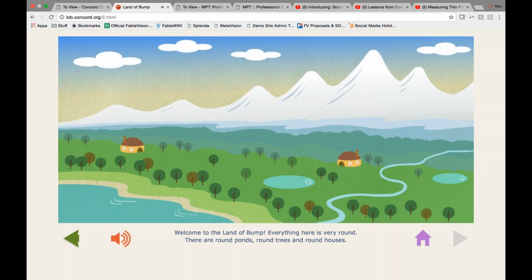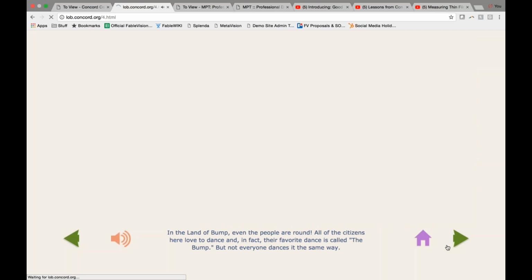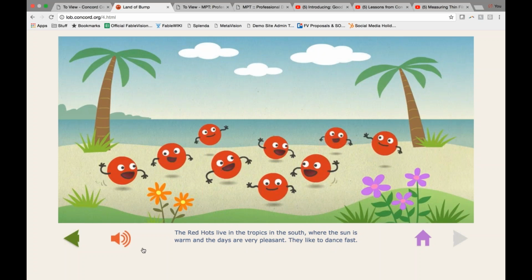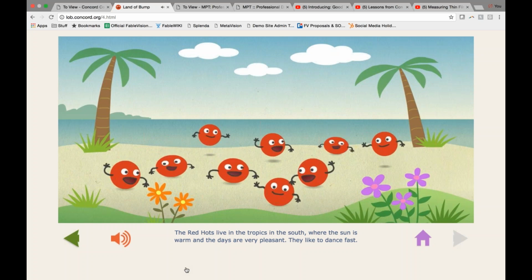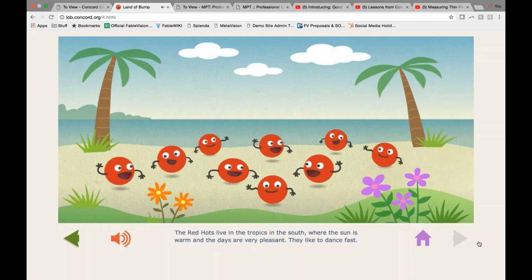Welcome to the Land of Bump. Everything here is very round. There are round ponds, round trees, and round houses. In the Land of Bump, even the people are round. All of the citizens here love to dance, and in fact, their favorite dance is called the Bump. But not everyone dances it the same way. The Red Hots live in the tropics to the south, where the sun is warm and the days are very pleasant. They like to dance fast.